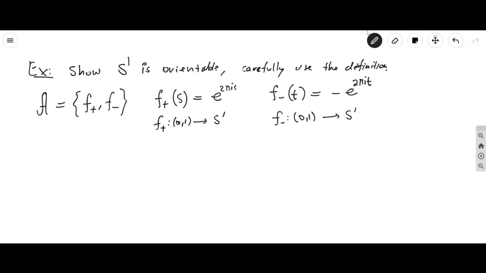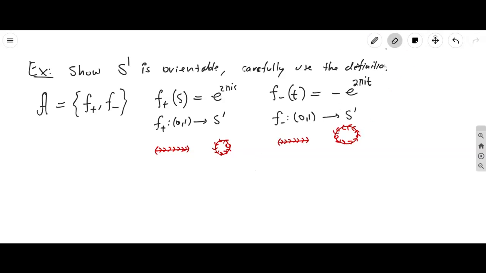And the picture that we had was the positive chart. It takes the open interval from 0 to 1, and as we move from 0 to 1, that's the orientation, and it will wrap it around the circle in a counterclockwise way. The other chart will take the same interval and also wrap it around the circle, just beginning at a different point and also in a counterclockwise way, like this.